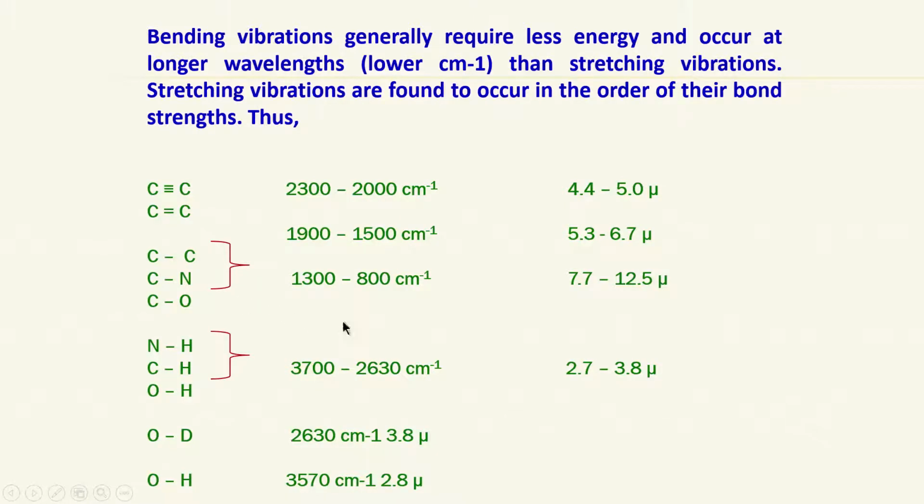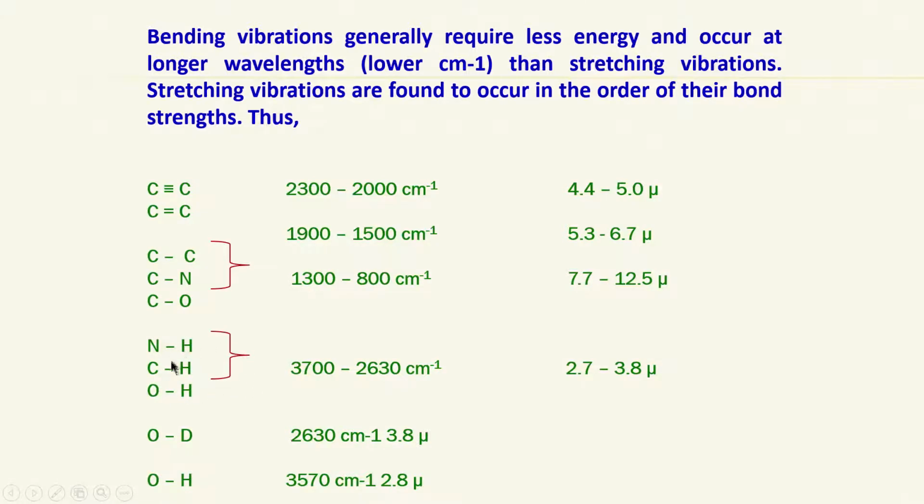Now, look at another combination. Here I have put NH, CH and OH. The hydrogen atom is common on this side, and it is a single bond, and the atomic weight of nitrogen is again 14, this is 12, this is 16.